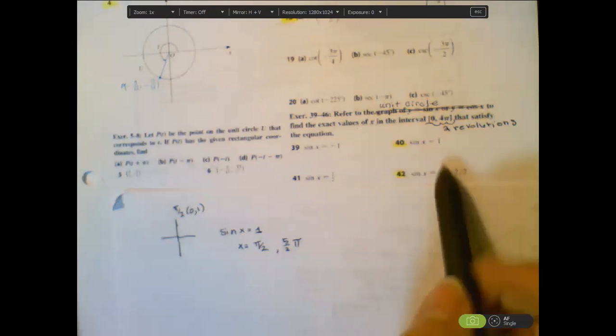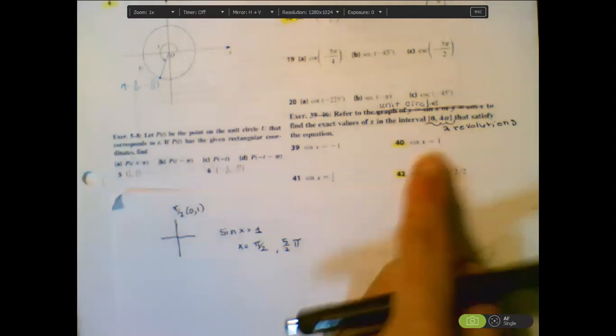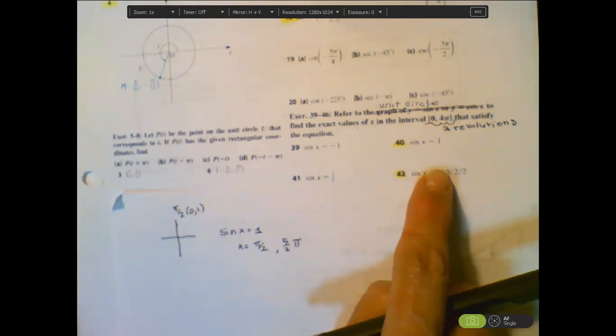Yeah. All right. In 42, I'm looking for an angle whose sine is, well, forget the negative for a second. What angles, multiples of what angles have y being square root of 2 over 2? Are those my multiples of pi over 4 or my multiples of pi over 6? Those are pi over 4.